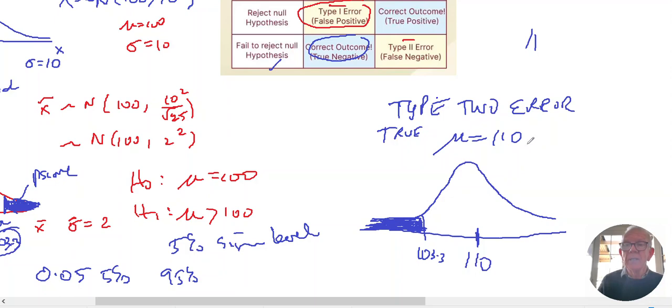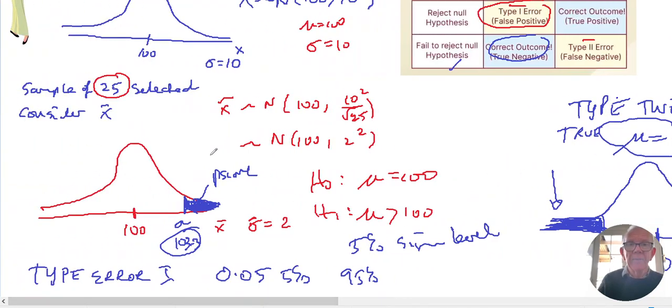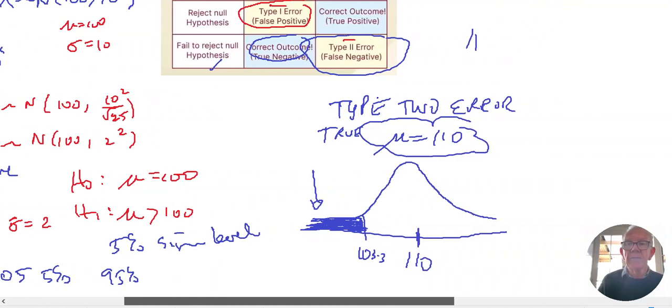I should have said the mean was 110, but I'm going to reject this situation and say that the mean isn't big and that I accept the null hypothesis, which is our type 2 error, the false negative.